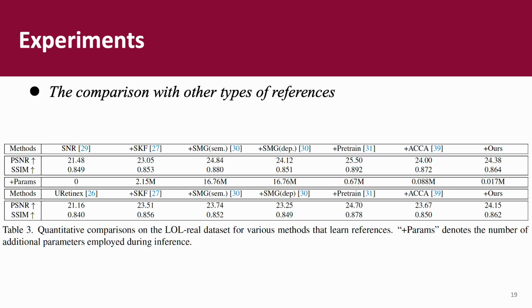As we can see, our method is better than other current references at enhancing performance, and our method has the smallest additional parameter number. This is because our LFPVs are especially designed for the LIE task, and its learning target is accurate, mainly the knowledge not learned by the network itself.